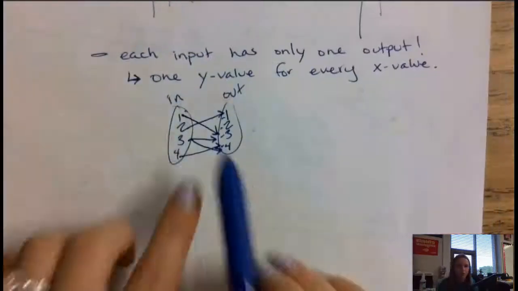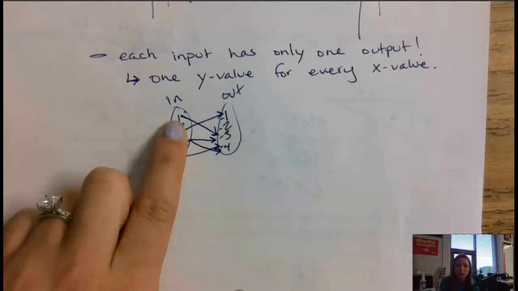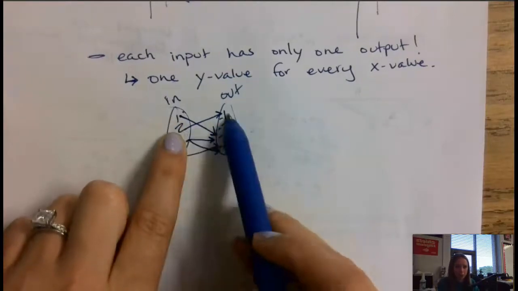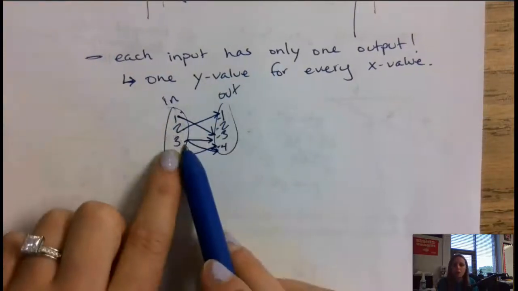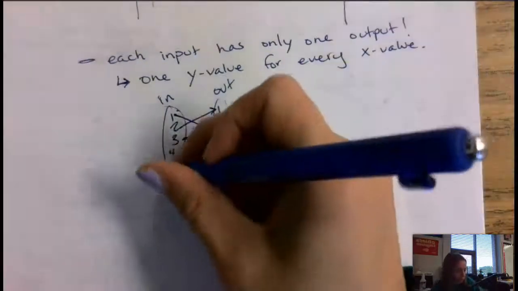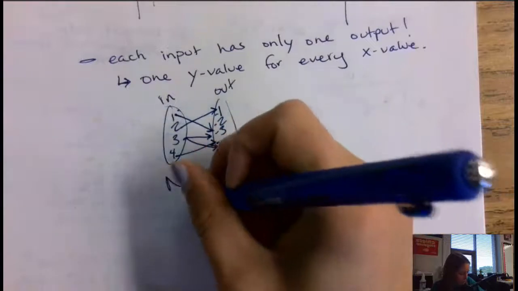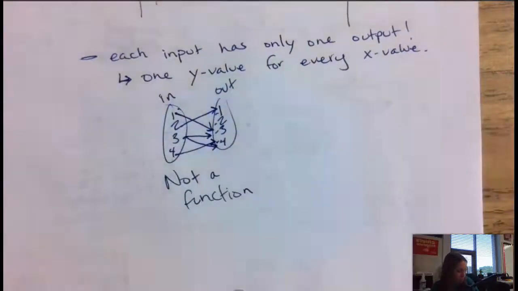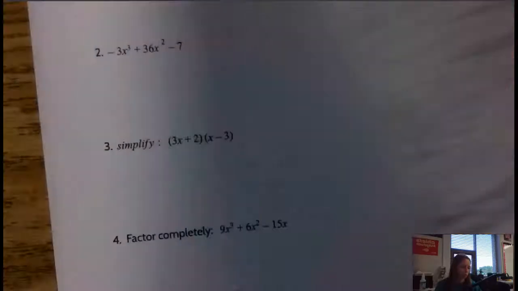Okay, so there we go. If you plug in 1, you get 1 output, so that's good. Plug in a 2, you get 1 answer. Awesome. Plug in a 3, you could get 2 different answers. So that means it is not a function. Now, if each of these only had 1 output, then it would be. So there's that.